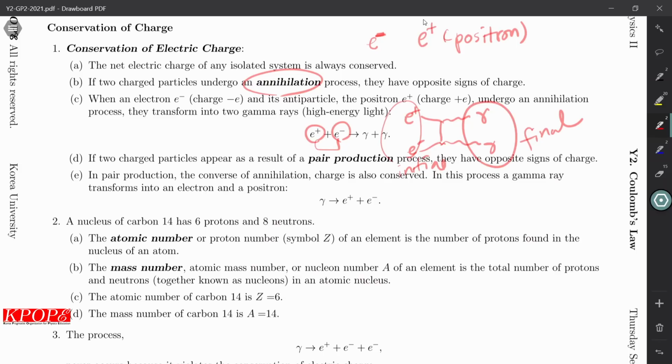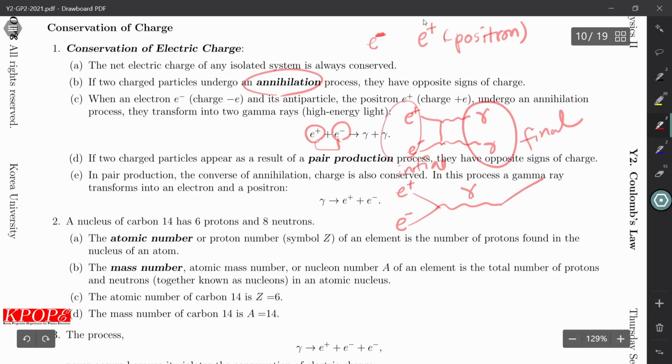Pair production. For example, an electron-positron pair collide together to make a single photon, and they recreate an electron-positron pair. This kind of process is called pair production.